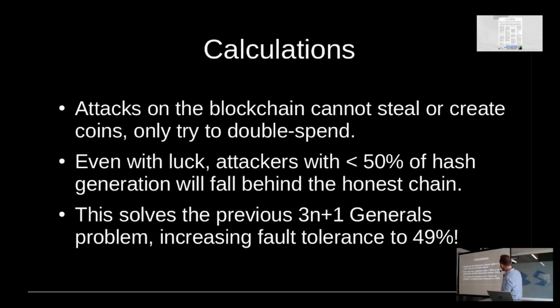And what's really interesting about this, if you want to spend time on it in the paper, is that it completely solves the Byzantine Generals problem, increasing fault tolerance from 33+% to essentially 49%. So now with proof of work, you can have a distributed network where you can have a consensus with a fault tolerance of 49%.